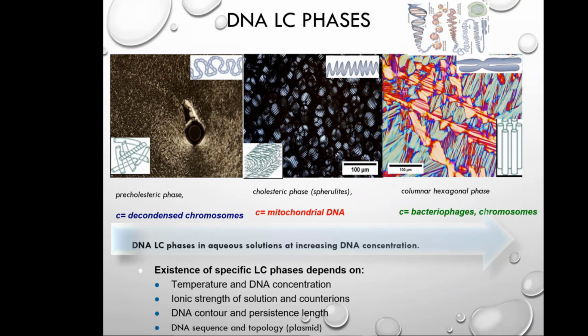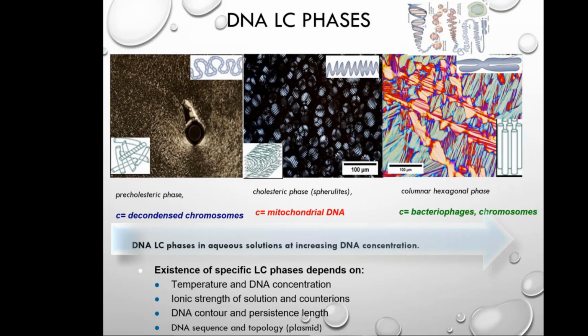The existence of the specific liquid crystal phases depends here on the temperature and DNA concentration, but also on the ionic strength of the solution and on the present counterions, as it actually affects the stiffness of the DNA molecule, and it then applies also to the contour and persistence length of these chains.